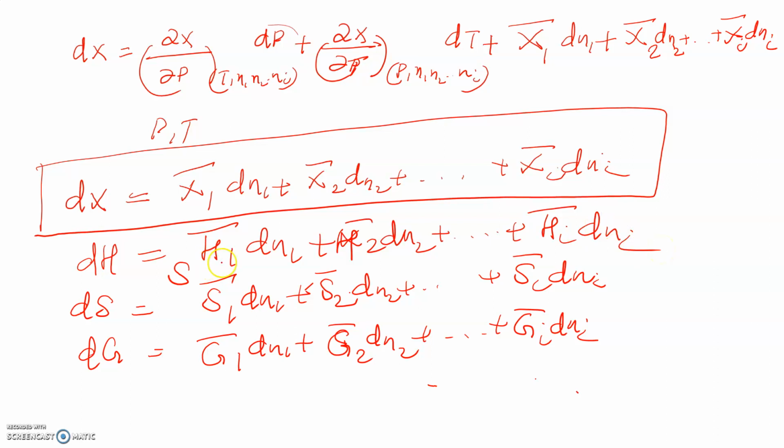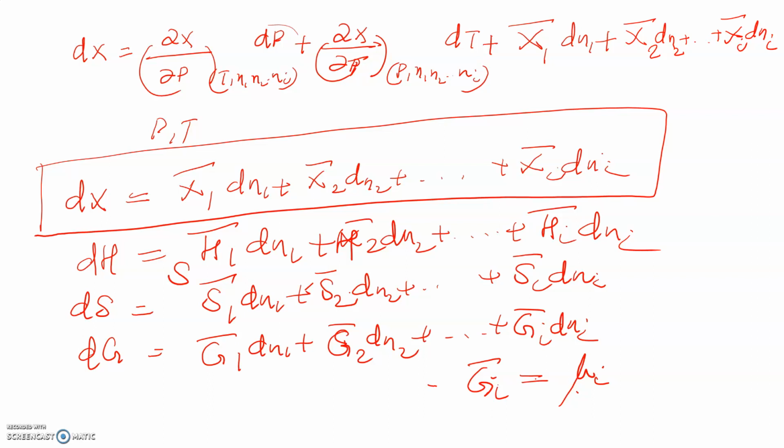H bar I is known as partial molar enthalpy, S bar I is known as partial molar entropy, and G bar I is known as partial molar free energy. And the partial molar free energy is called the chemical potential mu I. Okay.